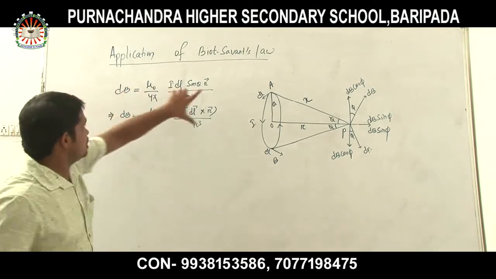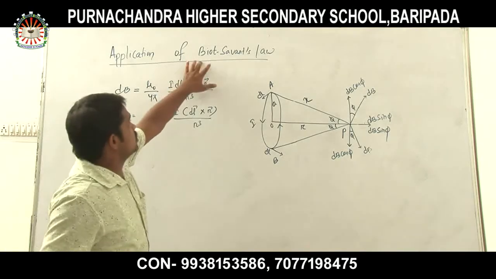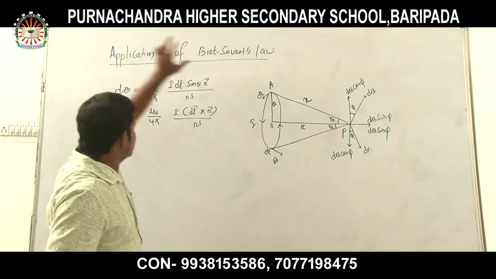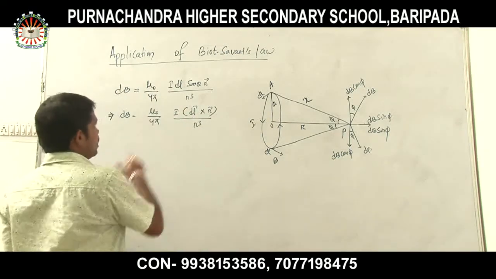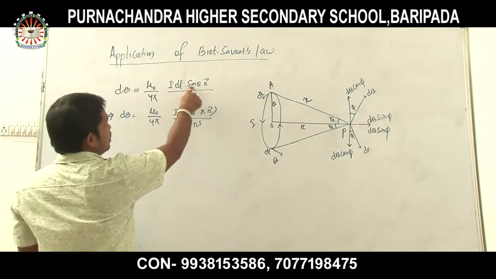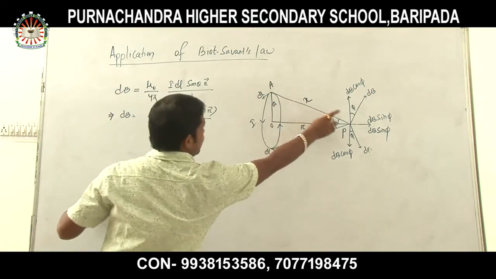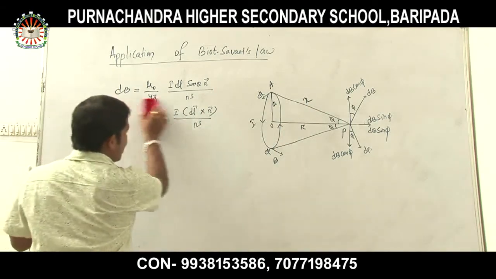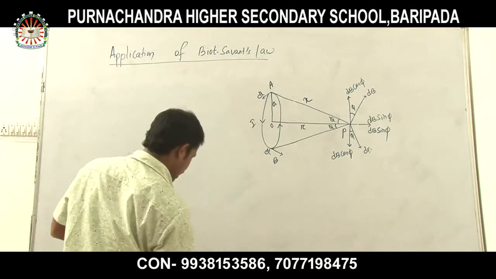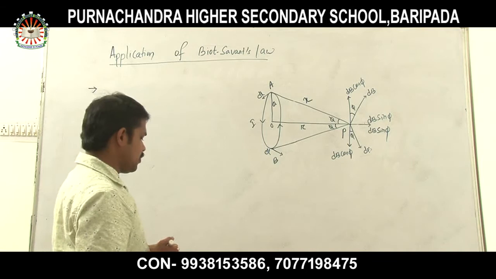Okay. So now this is my expression of magnetic field from Biot-Savart's law. Now I have to apply this here. So look very carefully. In this expression, θ is the angle between dl and the distance r. Okay. So let us apply this. One by one I have to find out. So first, what I have to find out?